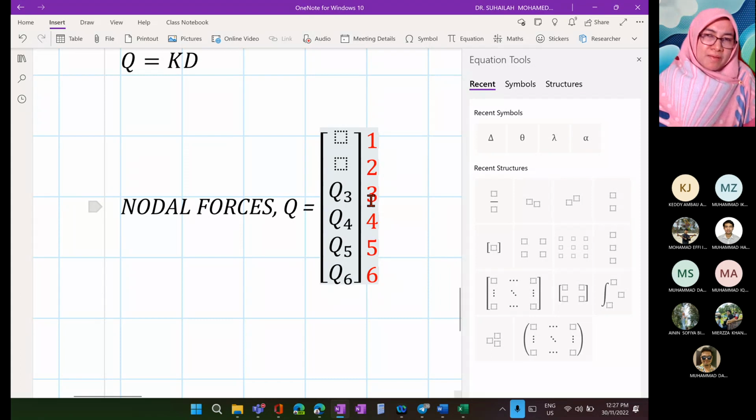And this 3, 4, 5, 6 is actually the position located in the constraint system. Okay, so we have Q1 and Q2. For each Q, Q1 to Q6, you have to be able to see the meaning.